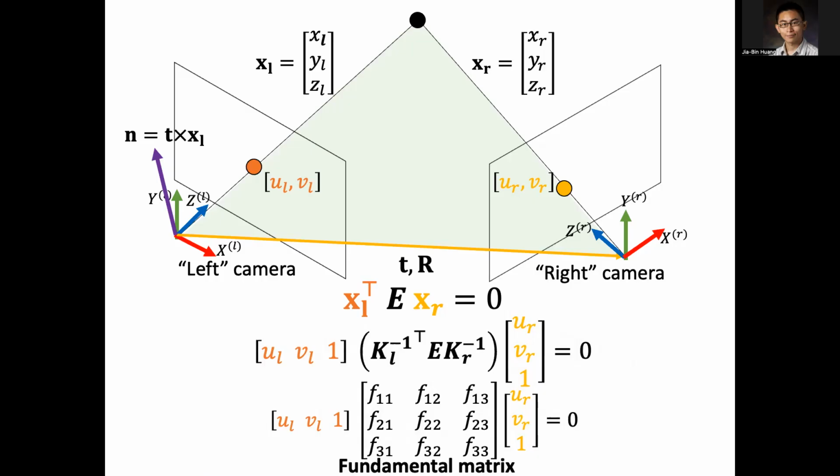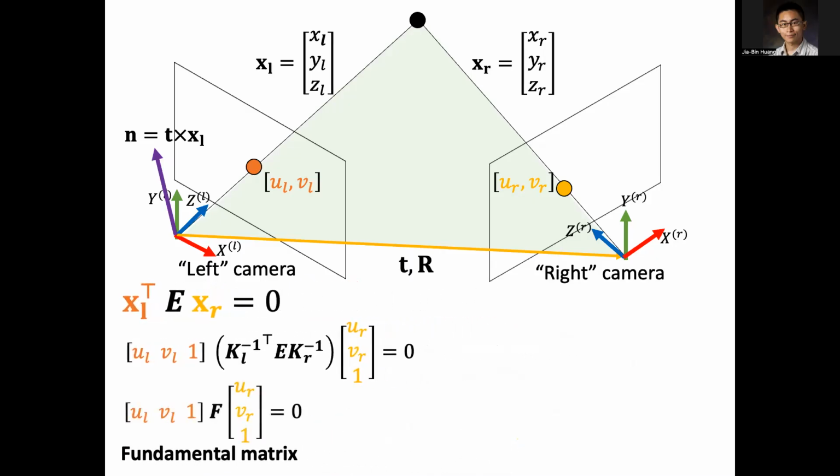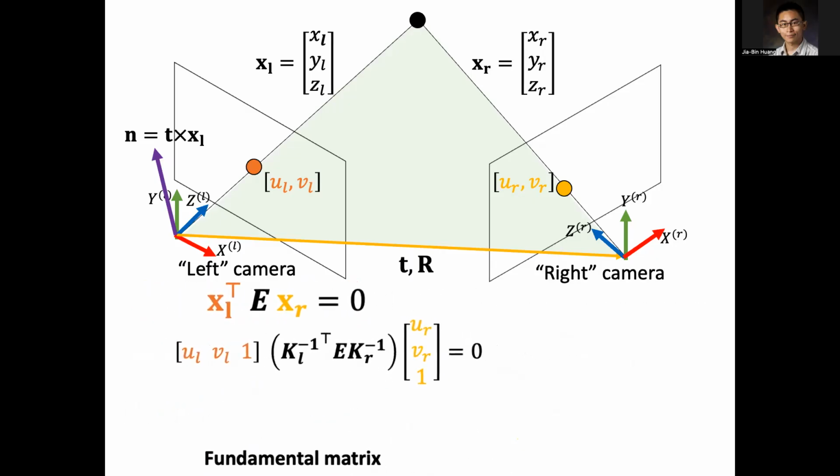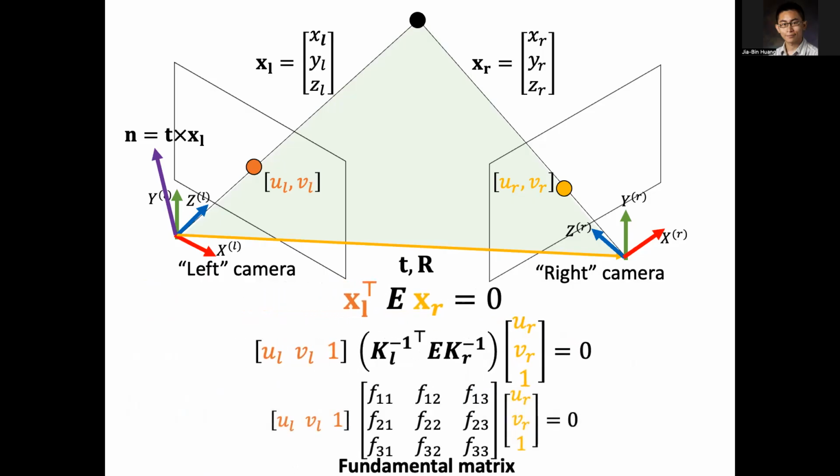So you have this fundamental matrix. The reason why this is good is that it tells you precisely what happens when I give you a point in the left camera, the pixel coordinate of the point in the left camera.